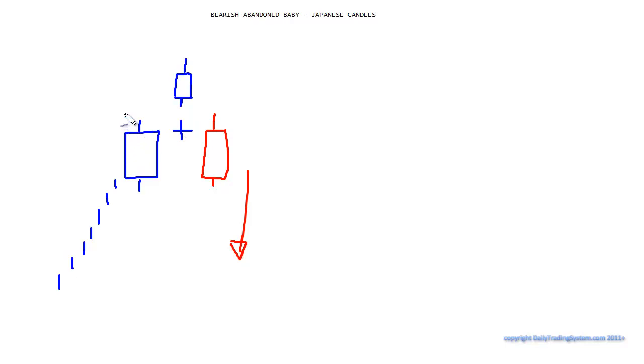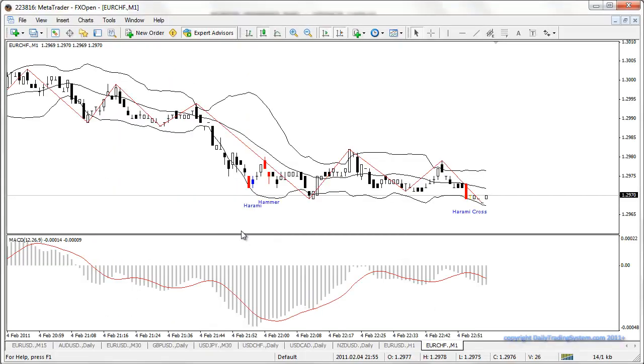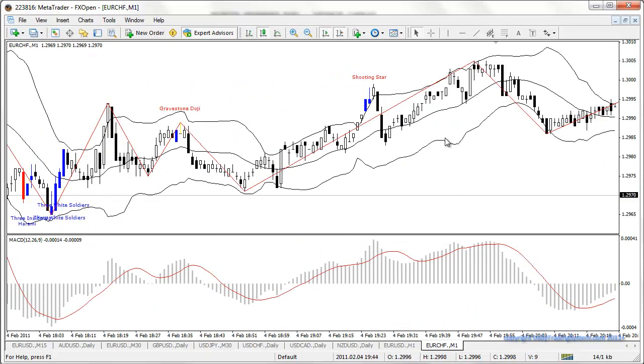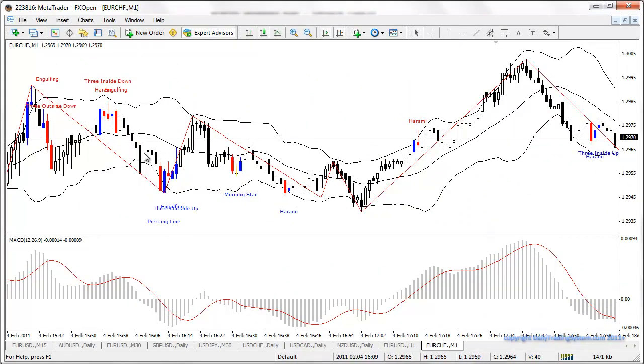This formation here looks like the evening doji star, but it also has the same kind of formation as the abandoned baby. For the most part we should be okay, so let's see if we can find some abandoned babies.